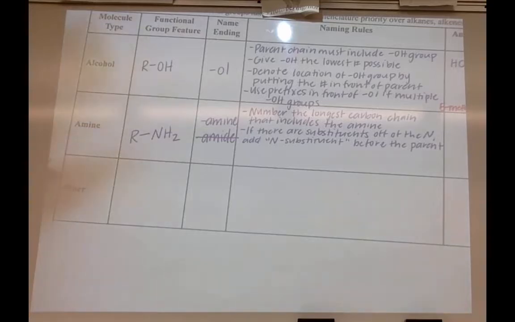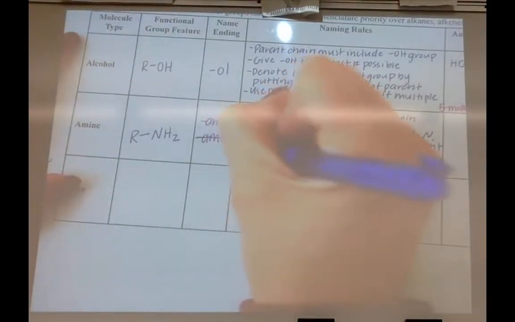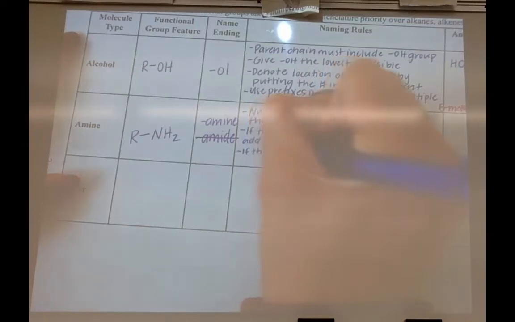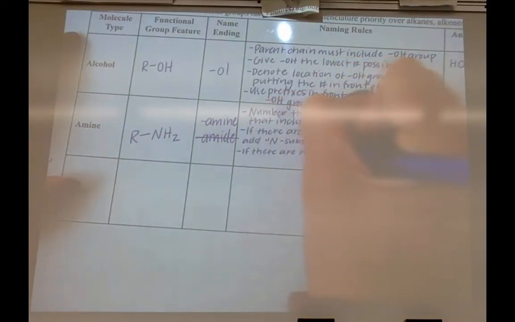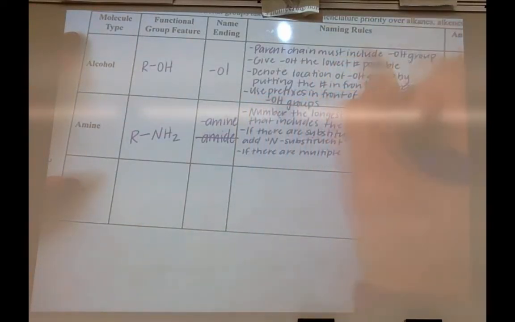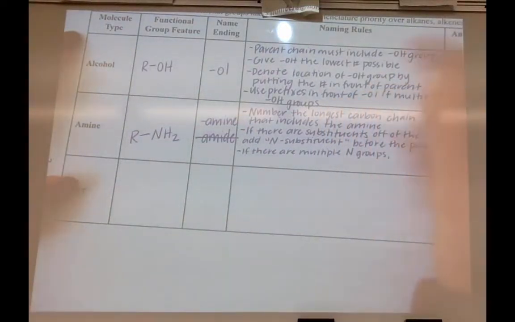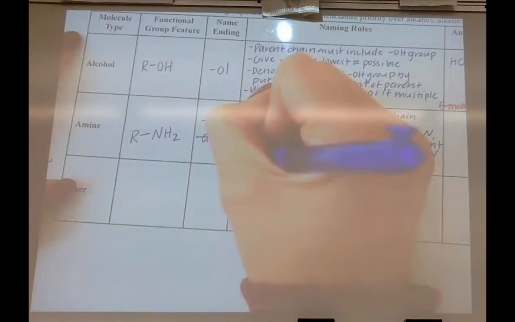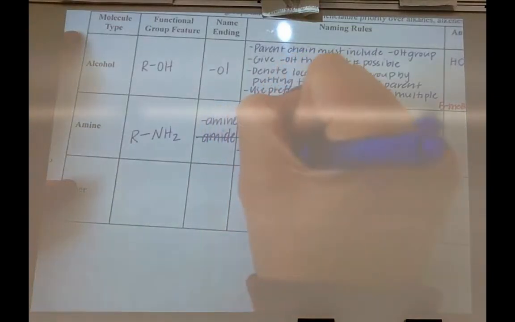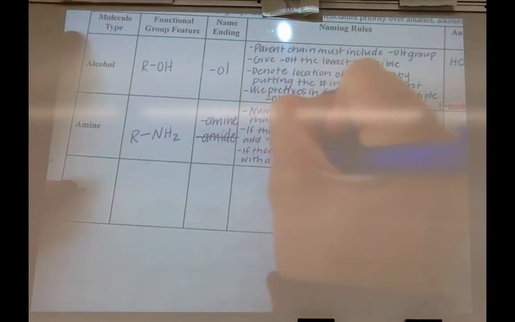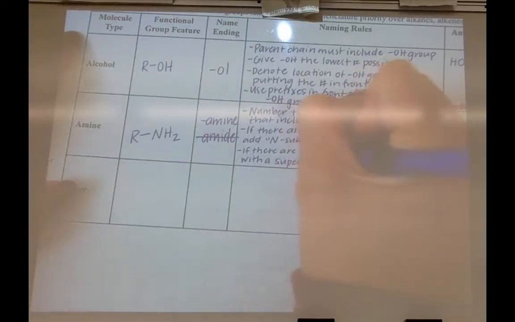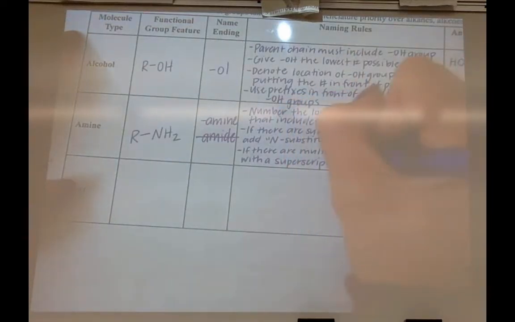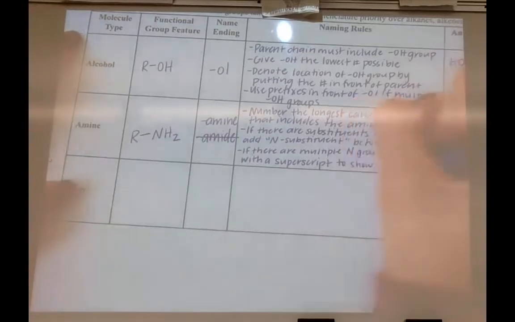If there are multiple nitrogen groups, we can write the N with a superscript, like an exponent, to show the position.